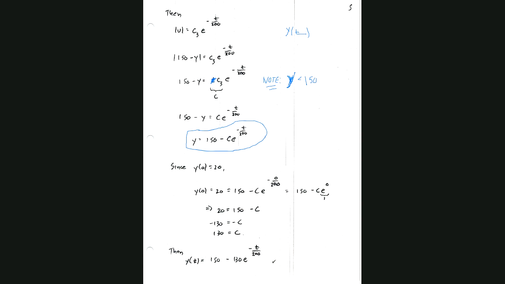That's right, John. We're starting out with 20 kilograms of salt. So that means that y of 0 equals 20, and therefore you can solve for C as you see here. At time equals 0, you'll have e to the negative 0 over 200.